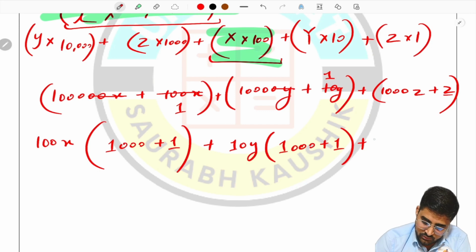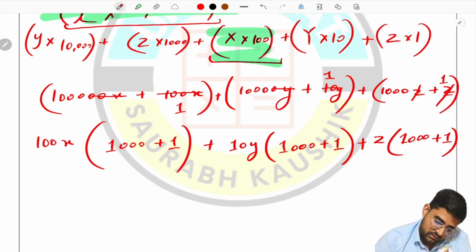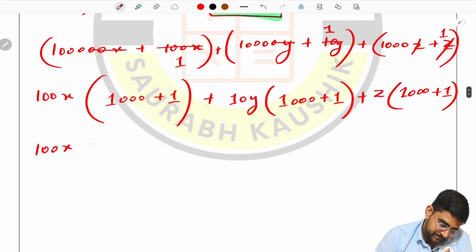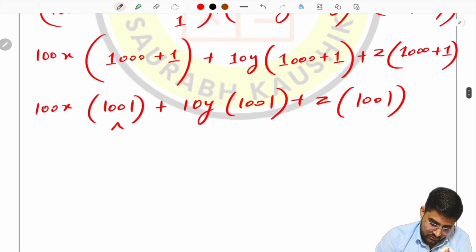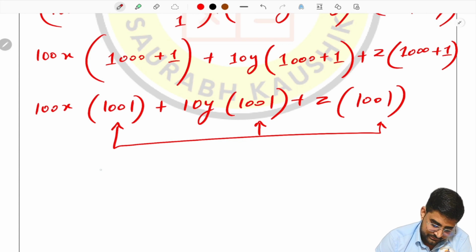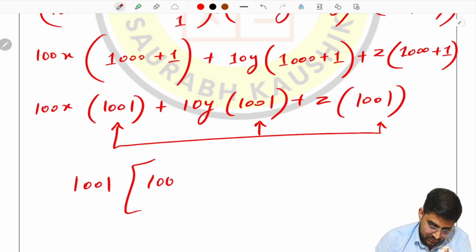Here take z common. Z is gone, so 1000 plus 1 here. So it becomes 1001x, 1001y, 1001z. Now take 1001 common. When you take 1001 common, what do you have? 100x plus 10y plus z.